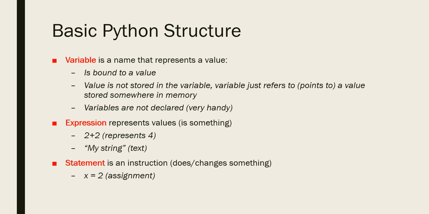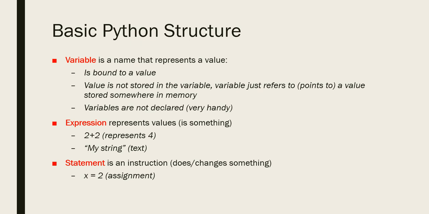All right, so what are the basic structures of Python? First, you have variables. A variable is essentially a container for your value. So it's a name for a value.